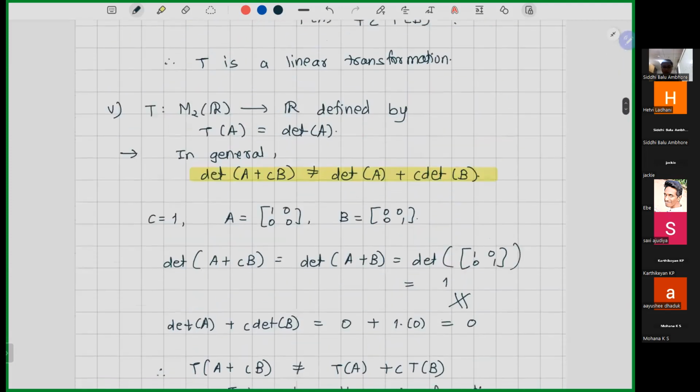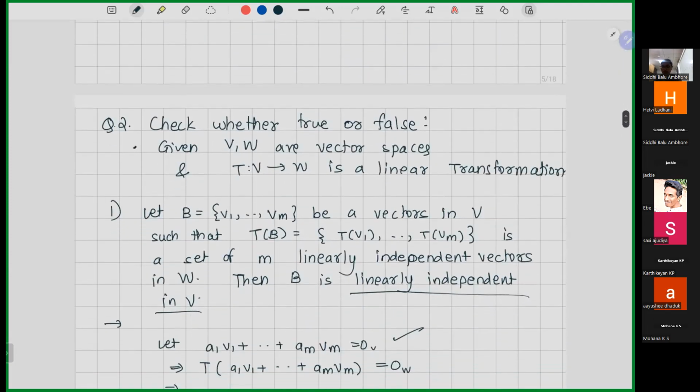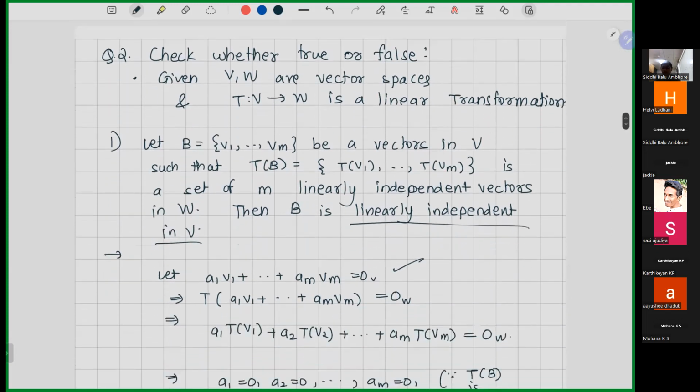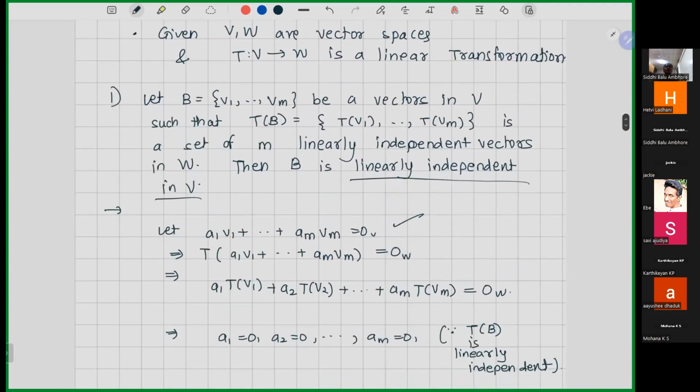The second question which we dealt with was how a basis, or spanning set, or linearly independent set behaves when we go from a set in V to the corresponding TB, the set of images. We saw that if the image of B is linearly independent, then B becomes linearly independent.